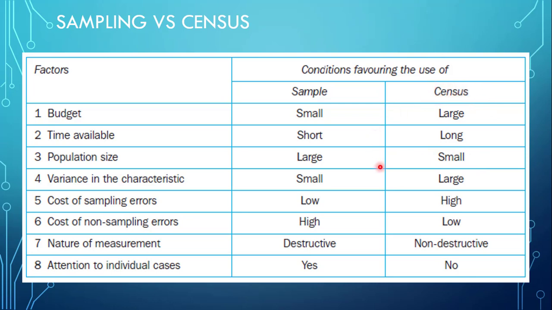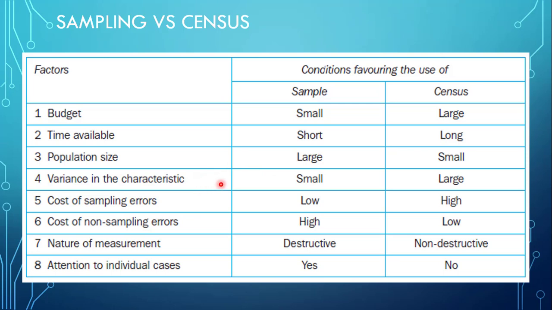Let's say if the population size is 100 customers, then you are going to gather data from those 100 customers, and you don't take samples. You don't take 5 or 10 customers, and conclude about the 100 customers. So if the population size is larger in number, you are going to take samples. If the population size is smaller, then you are going to conduct a census. So this is the other difference between sample and census.